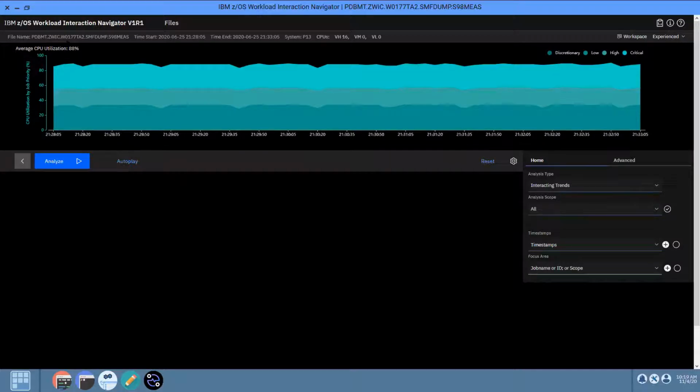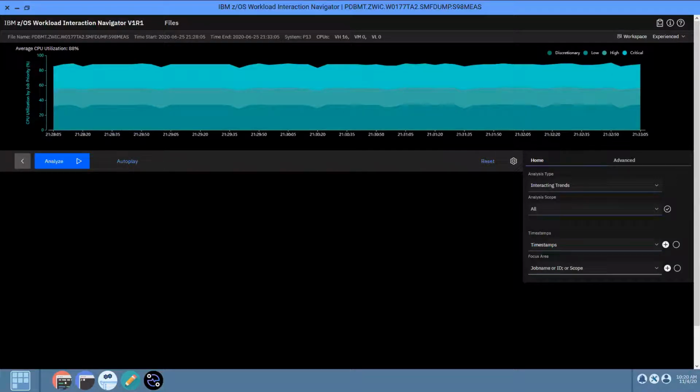At the top line here, we've got some summary data, just general information about what file is being analyzed, the interval start and end, system name, as well as some configuration information. Here, we know we have 16 vertical high standard CPUs. So this workload was running 16 processors when it was running the workload.